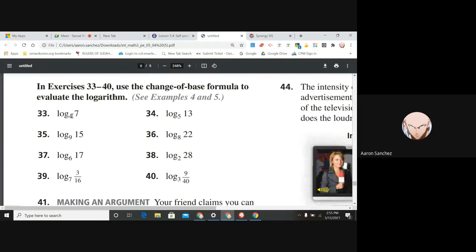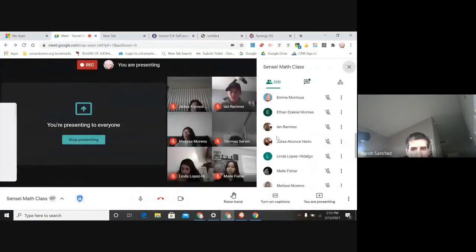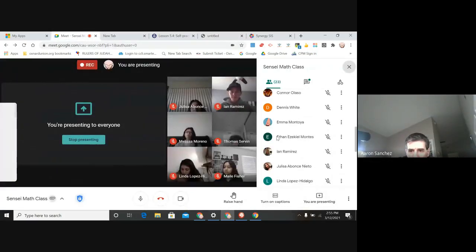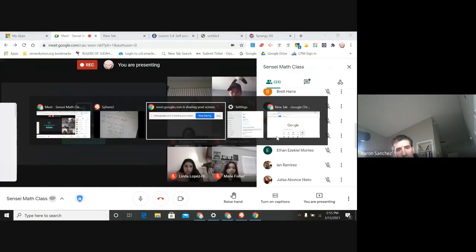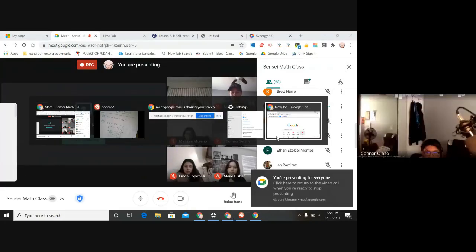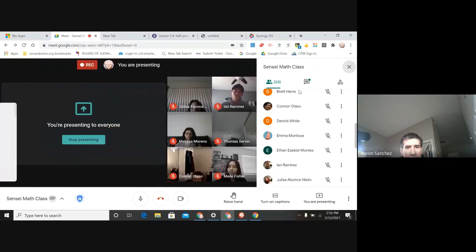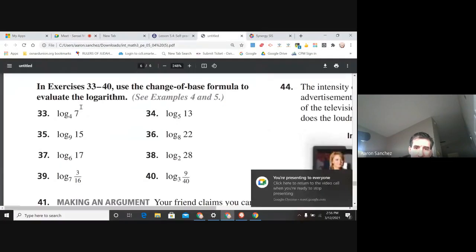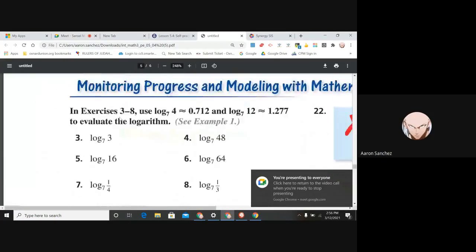We need a log base 4 in order to calculate that, but we can't use our calculator because what's the base number on our calculator? Connor, what's the base on our calculator? 10. I need a 10. So we have to change the base so that I have a base of 10. And here's how you do it.